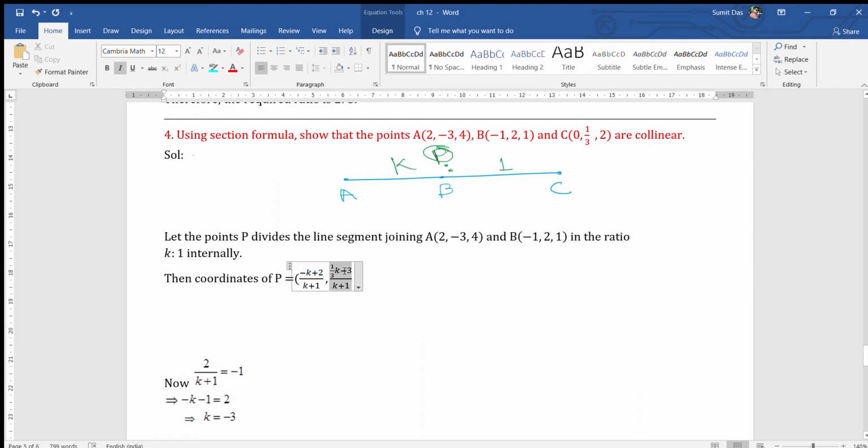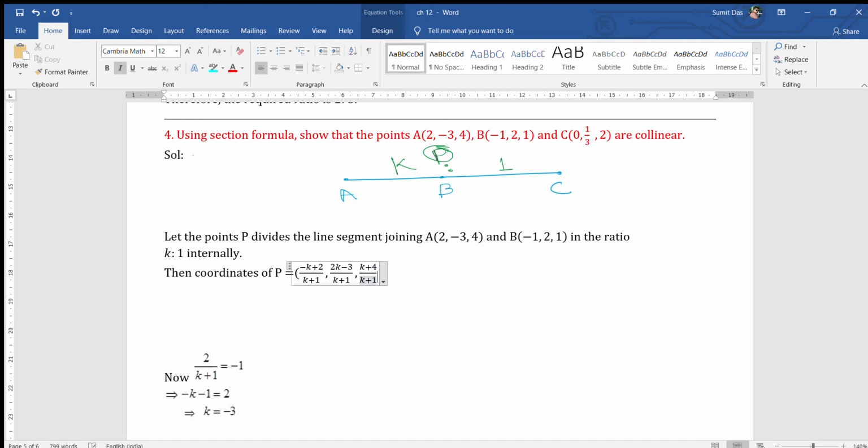Then the y part will be k y2, so it will be 2k minus 3. Then k z2, z2 is 1, so k plus 4, divided by k plus 1.